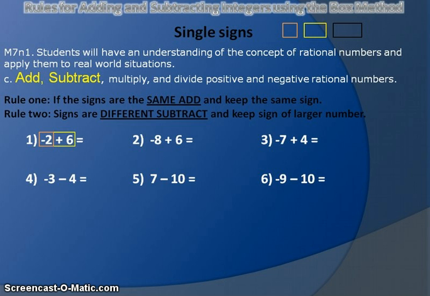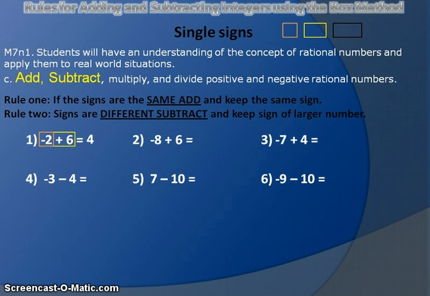So 6 minus 2 is 4, and then it says keep the sign of the larger number. So our 4 stays positive because the 6 is larger than 2 and the 6 is positive. So for number 1, our answer is +4.